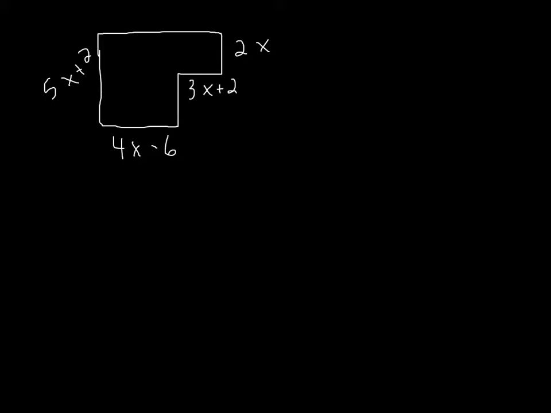Well, the basics are still the same. We need to find the area of our two different figures, the area of that one and the area of that one, and then we're going to add them together, and we'll be fine.